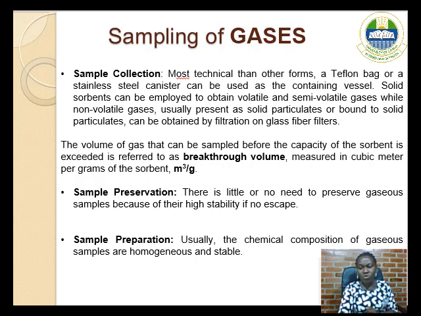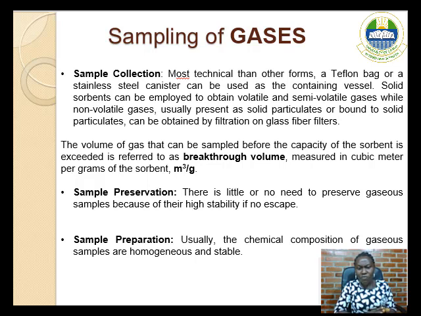Then we can also make use of several sorbents for this sampling. These include inorganic polymers such as silica gel, alumina, and organic polymers like resins of 2,6-diphenylene oxide, or polyurethane foam, for semi-volatile gases.